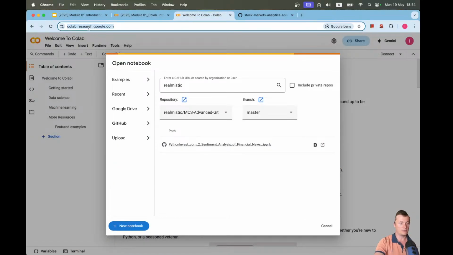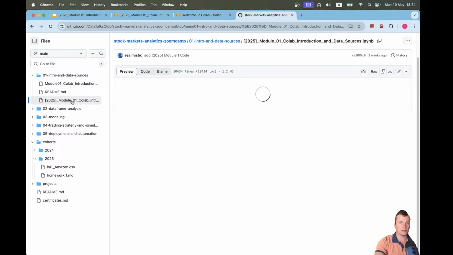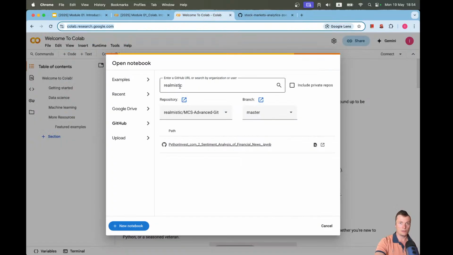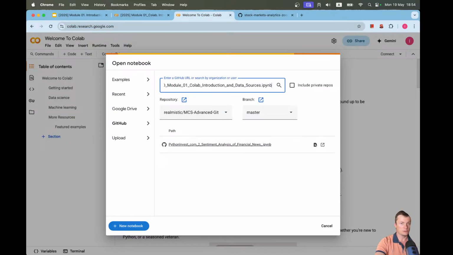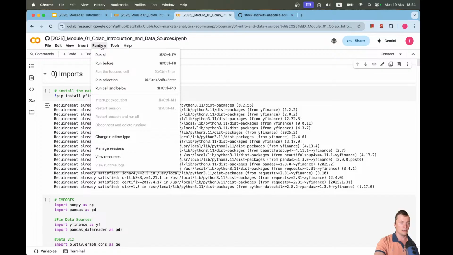If you type colab.research.google.com and select GitHub and select the address of the notebook, you should be able to find and open this notebook, and then you can connect a new runtime, and you can run all and follow what I show you here.